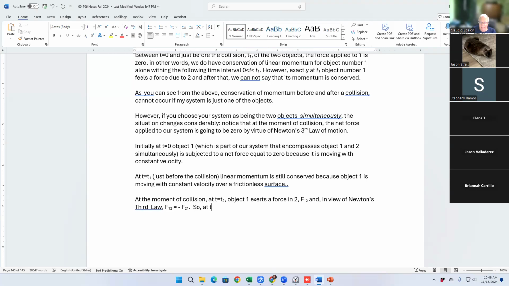So at t equal to t2, the net force applied to our system composed of objects 1 and 2 will be 0, or F of 1 in 2 plus F of 2 in 1 is equal to 0 because of the third law.